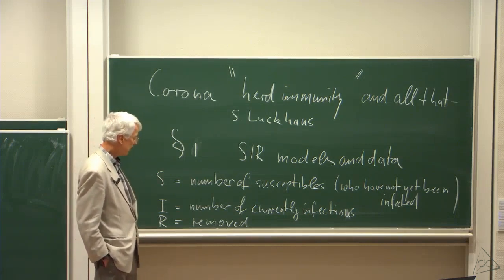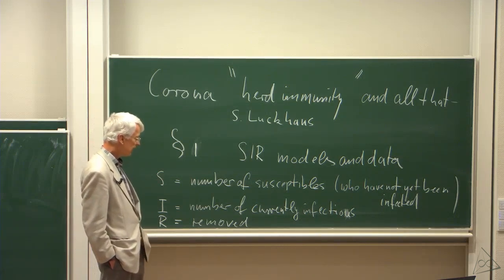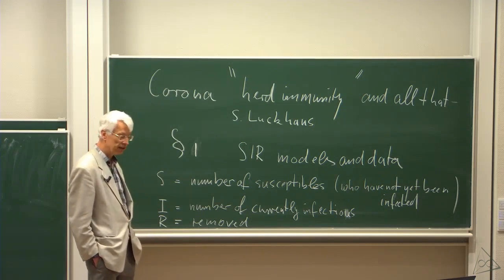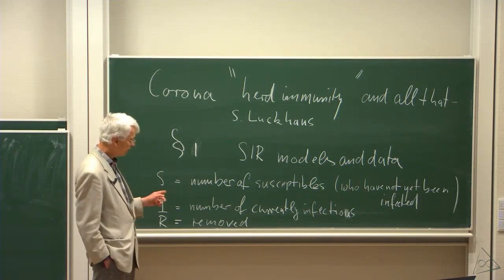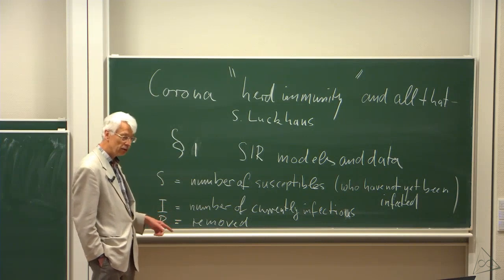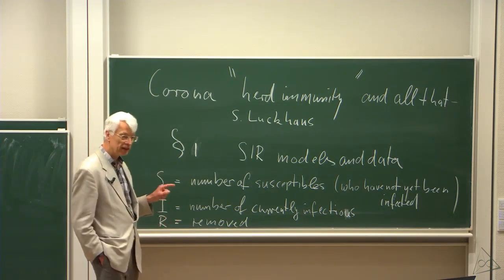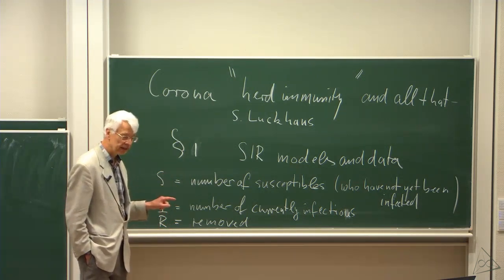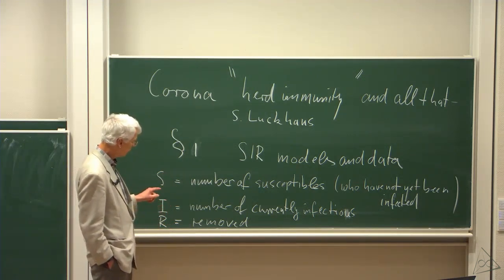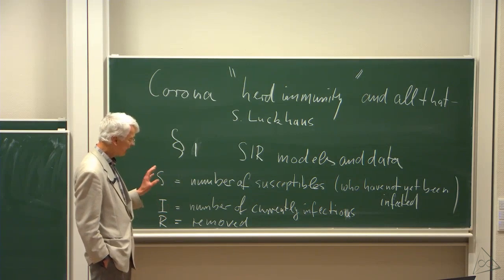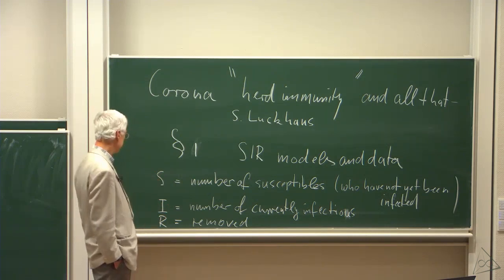I is the number of currently infectious individuals. By this, I mean those who have been infected, who are still infectious, so their infection is still going, and who are not in quarantine, right? So it is important so that they are able to infect others, right?